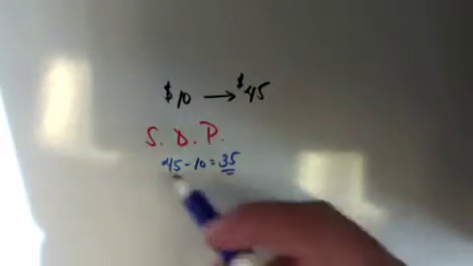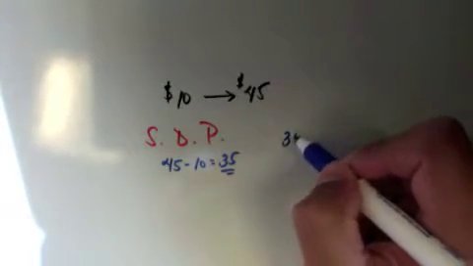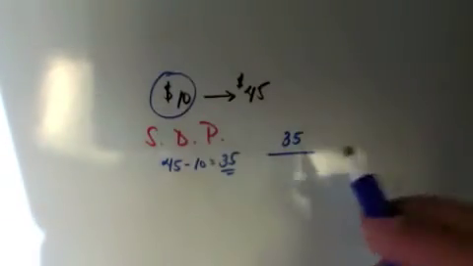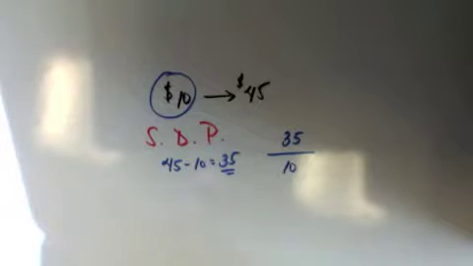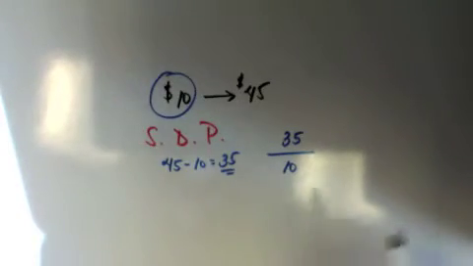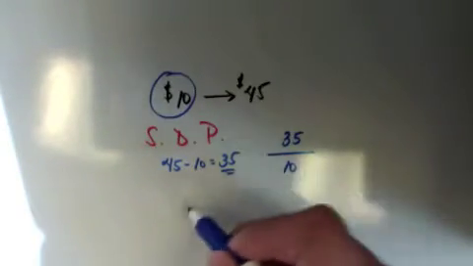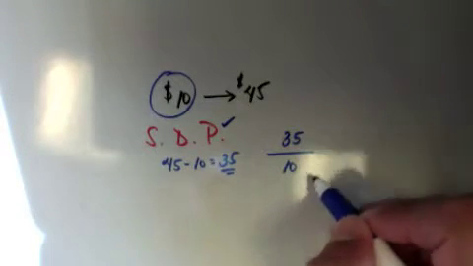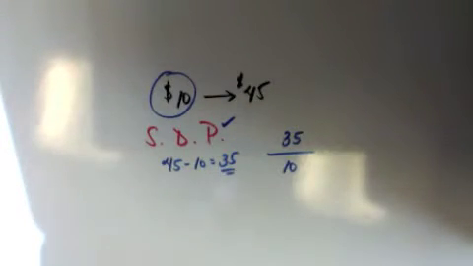Now we're going to divide, but what am I going to divide? We're going to take 35 over the original 10, and it looks odd because this is an improper fraction, but it's okay. Next, we turn it into a percent. How am I going to make this fraction into a percent?